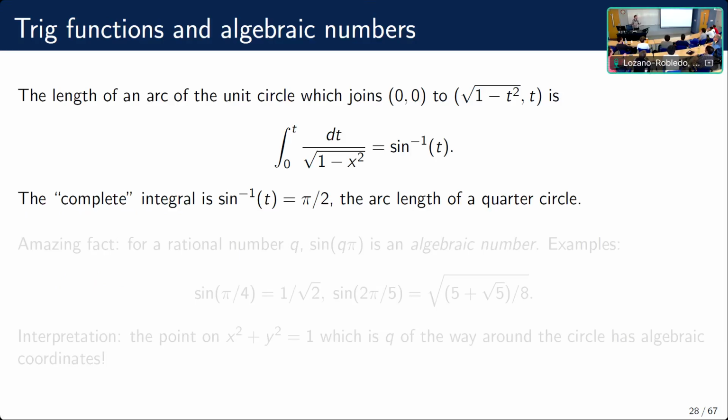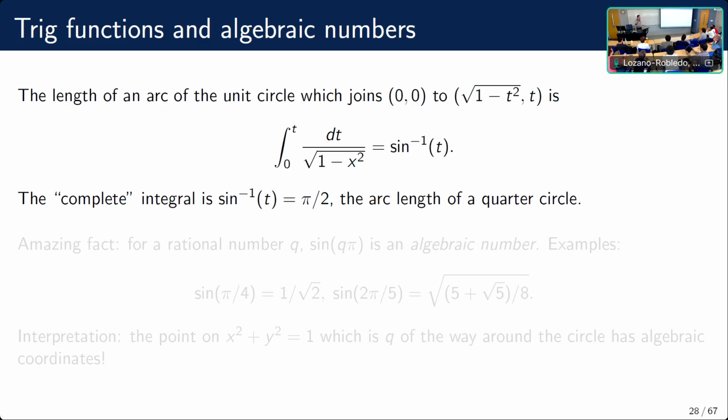Let's start with calculus. Suppose you have a calculus problem: determine the length of an arc. You could do the complete unit circle, and that would be 2 pi, the whole circumference. But suppose you just want to go t of the way. Let's connect 0, 0, and go counterclockwise to a point where the y-coordinate is t, and the x-coordinate has to be that.